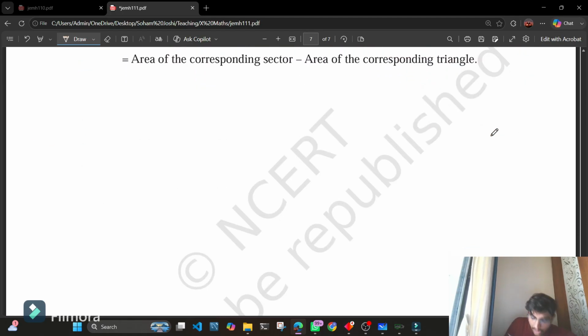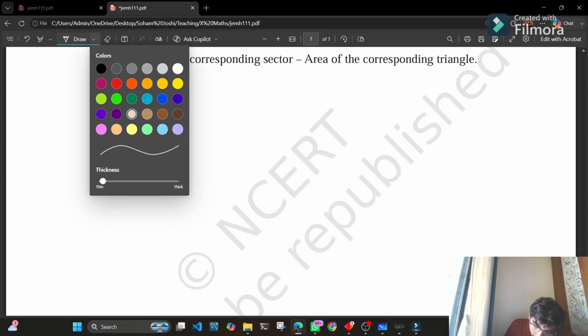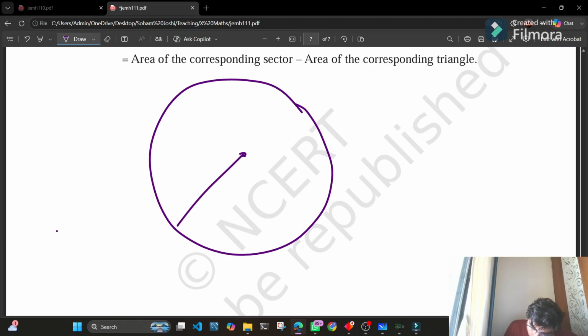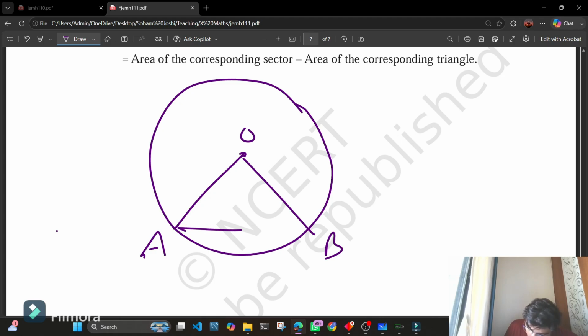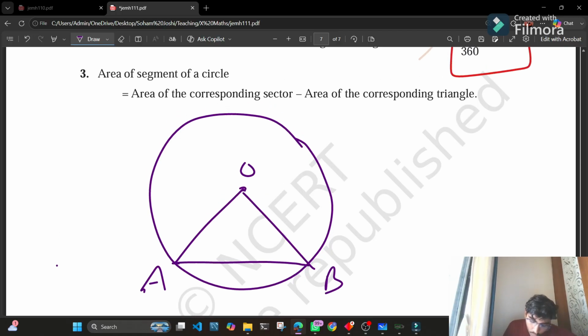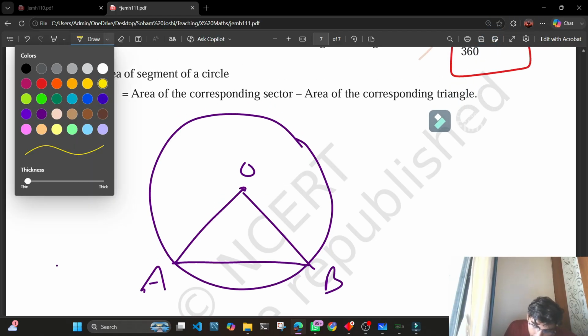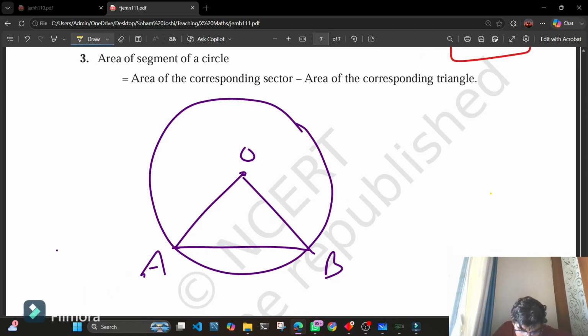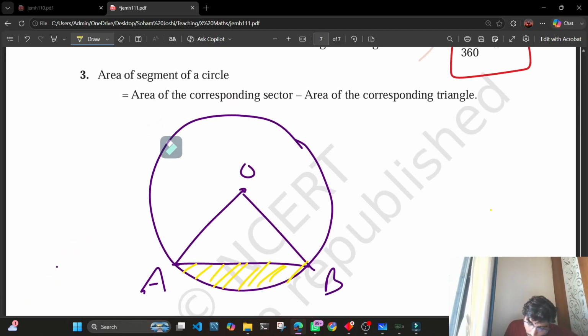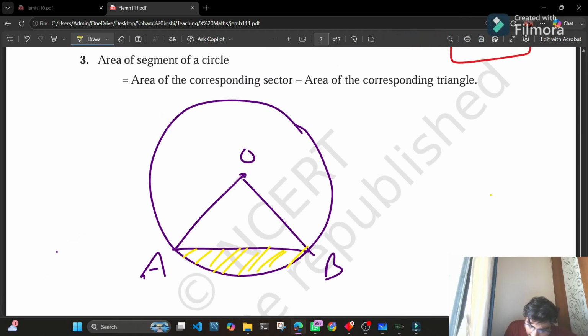And the third part that we quickly learn over here: let us say this was my circle, so OAB, and if I make a chord connecting points AB, okay? So the area of the segment of a circle, this is my segment, is the area of the corresponding sector minus the area of the corresponding triangle.